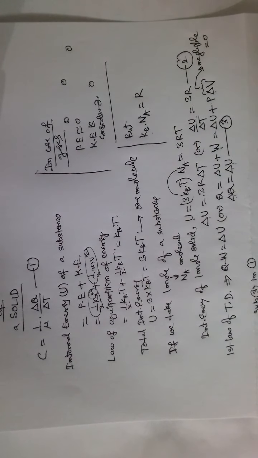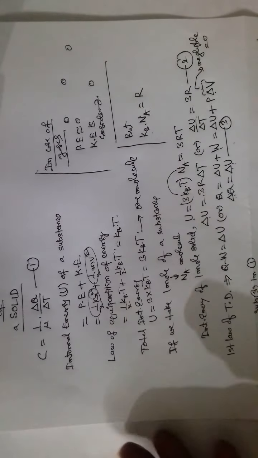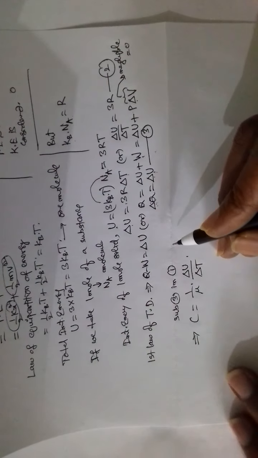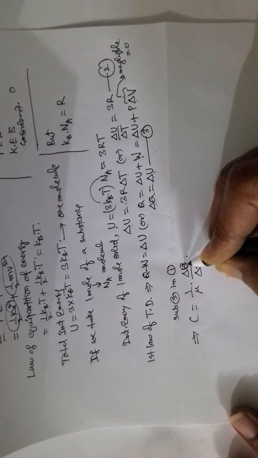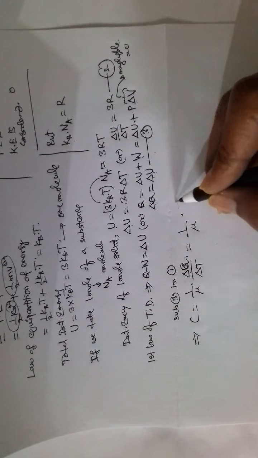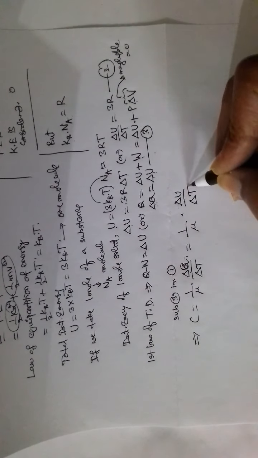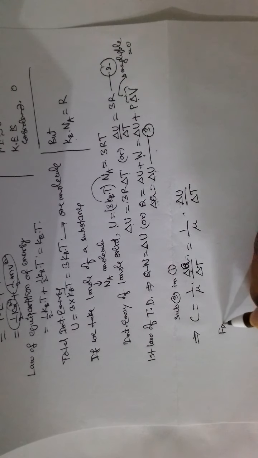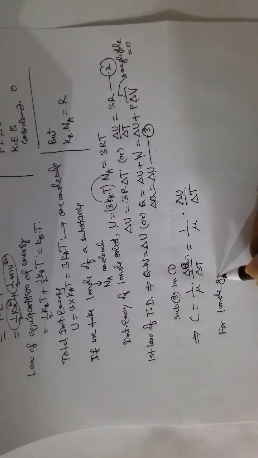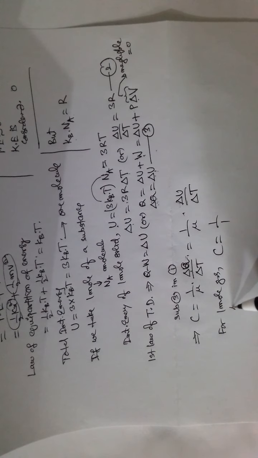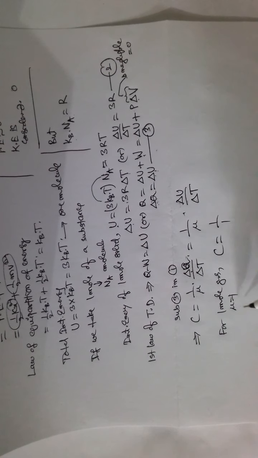So here let us substitute delta U in place of delta Q. Substituting this in the first equation, we get C is equal to 1 by mu, and in place of delta Q, you write delta U by delta T. For 1 mole of gas, mu is equal to 1, where mu means number of moles.